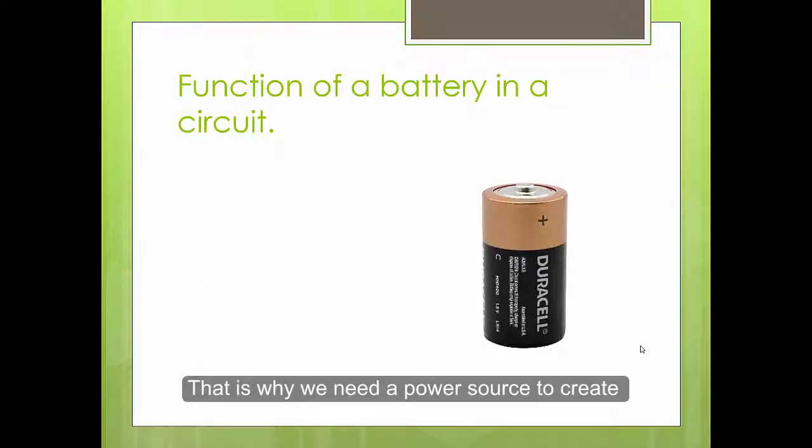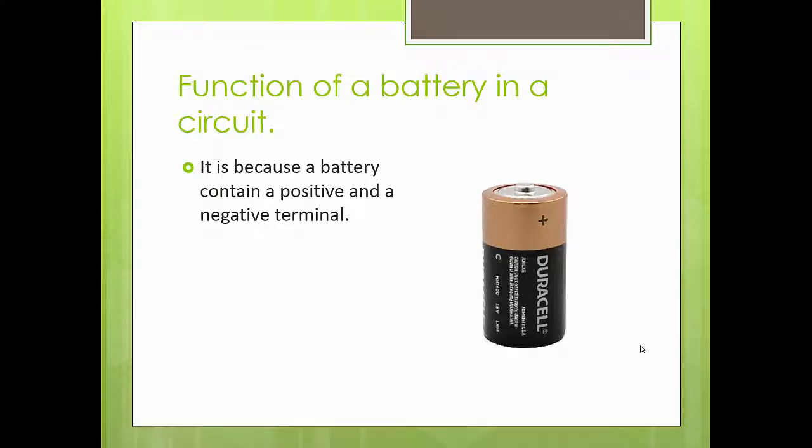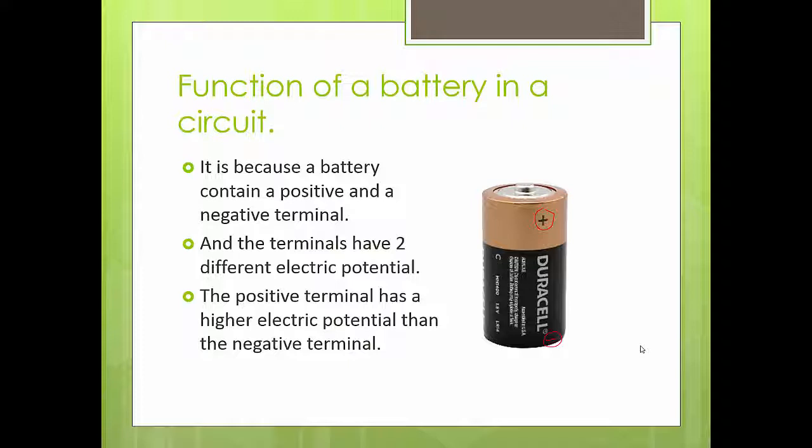That's why we need a power source to create electric potential difference, which is a battery. It is because a battery contains a positive and a negative terminal, and the terminals have two different potentials. So you'll see that this is positive, and over here this is a negative terminal. The positive terminal has a higher electric potential than the negative terminal.